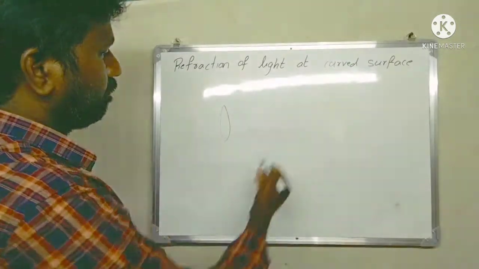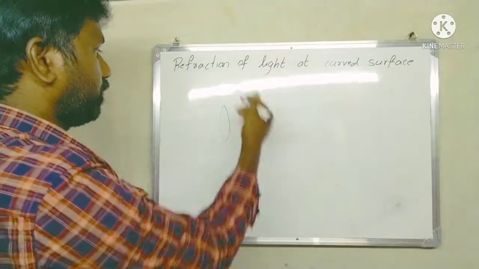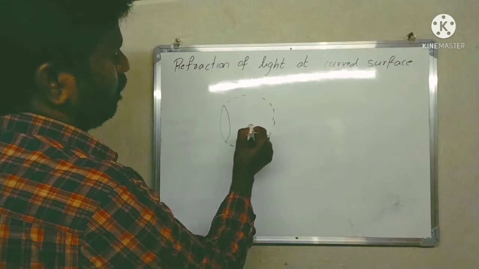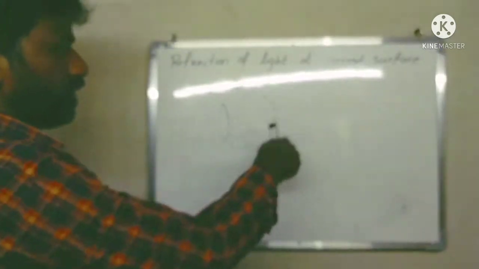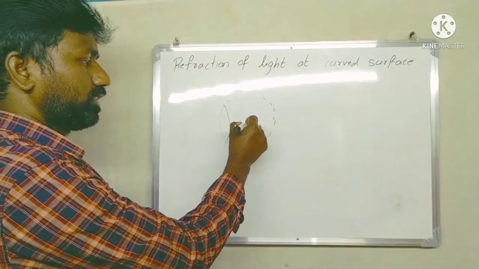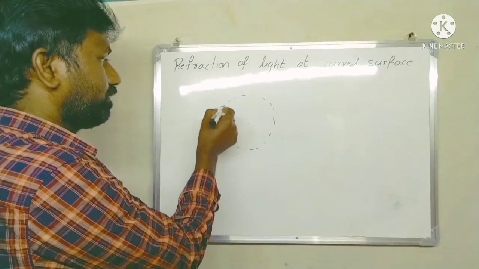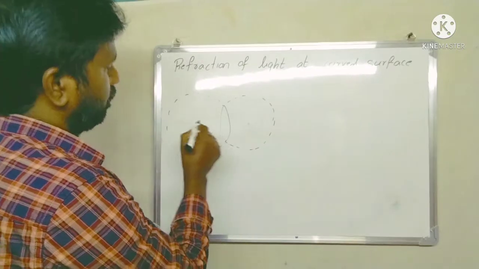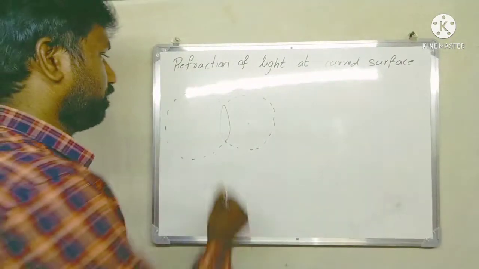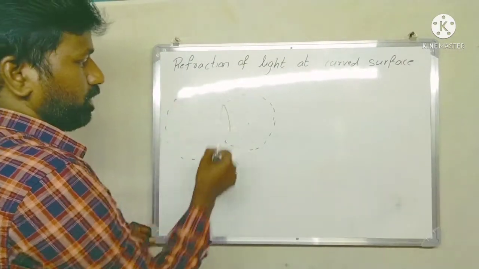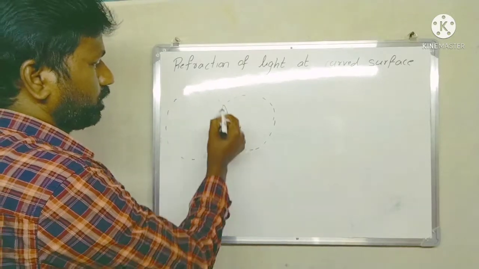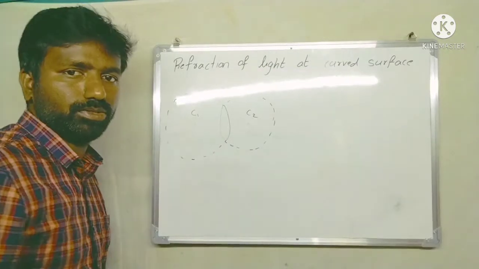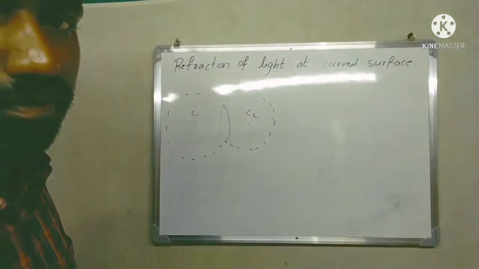If you complete the imaginary sphere for the given curvature, we get an imaginary sphere, and this is its center. For this other curvature also we get an imaginary sphere, and this is its center. You can take these as C1 and C2. C1 and C2 are the centers of curvature.